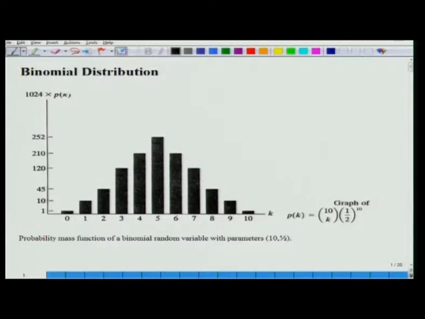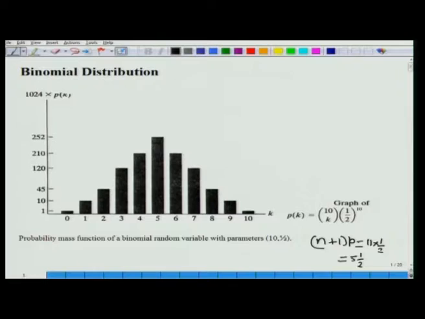For x equal to 0, the probability p 0 is 1 by 2 raised to 10, depicted by the small bar here, and then at x equal to 1 it starts to increase, and at 5 it is maximum. What is (n plus 1) into p? This is equal to 11 into 1 by 2, which is 5 and 1 by 2. So, the integer part is 5.